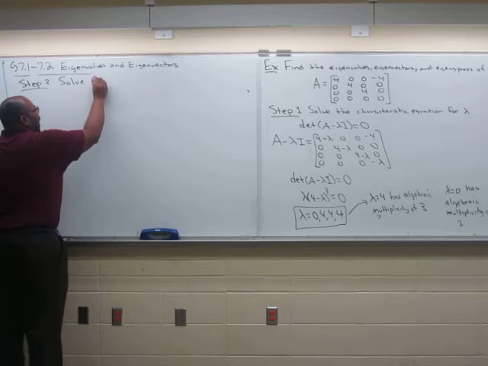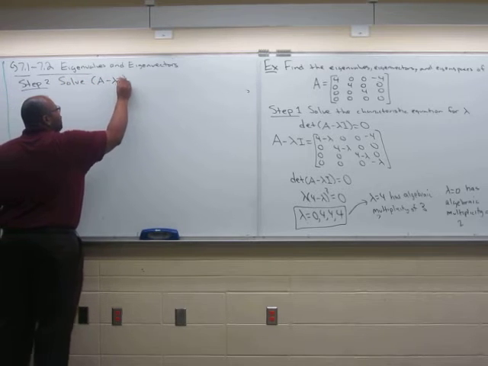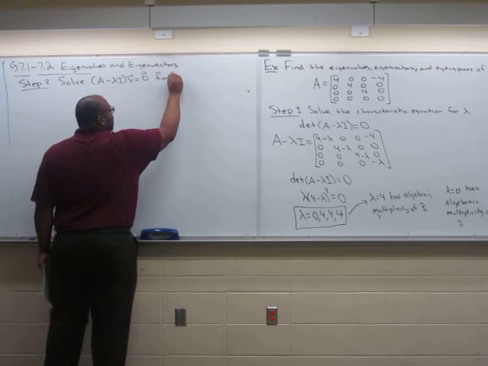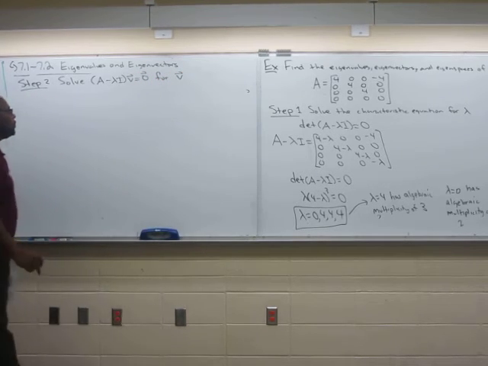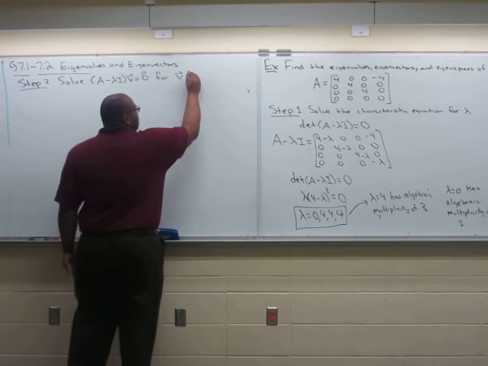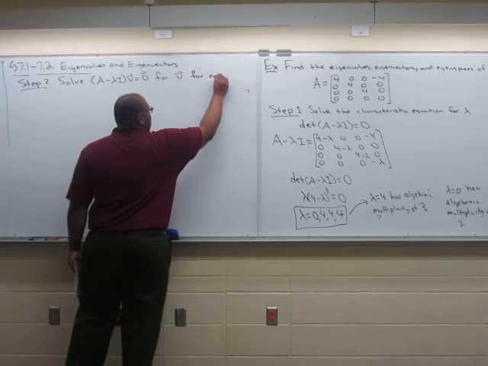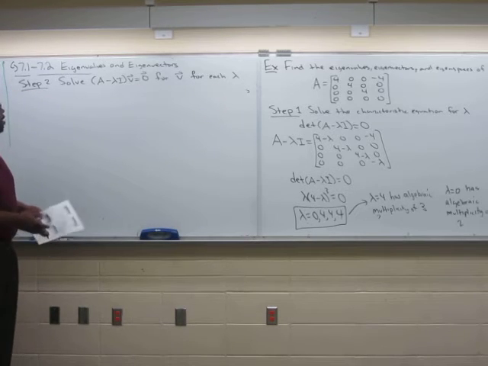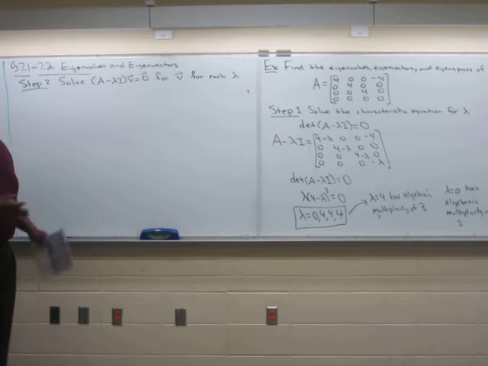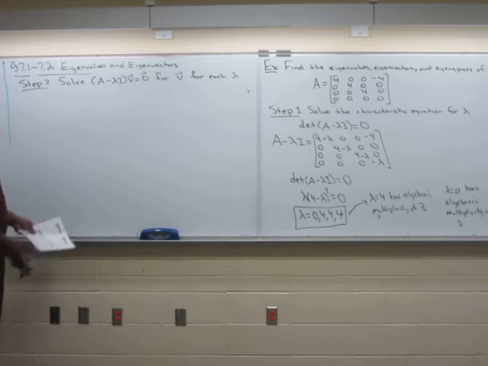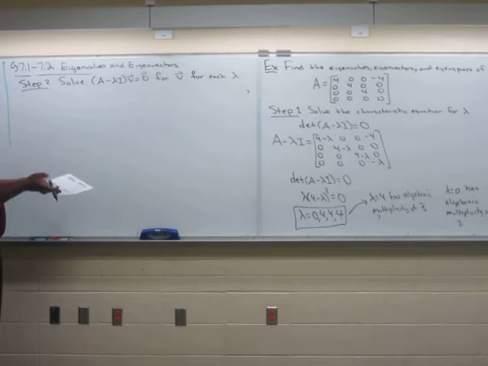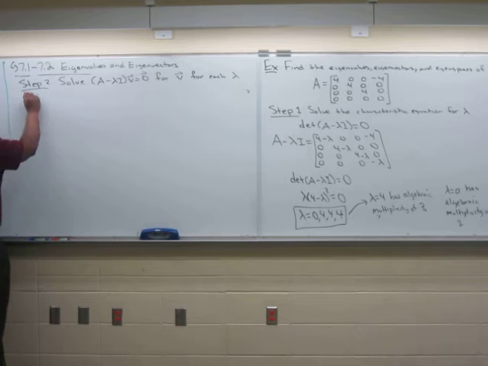Solve A minus lambda I times B equal to the 0 vector for B. Our vectors B, for each lambda. I know I have 4 twice. I think you get what I'm trying to say. So I want to solve for B, and each eigenvector B is going to come from an eigenvalue. So let's do lambda equal to 0.